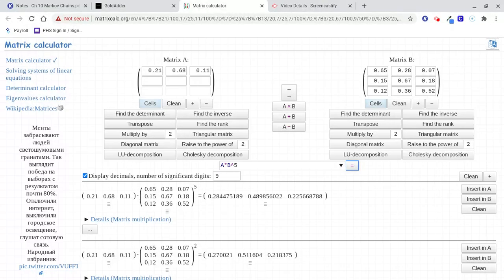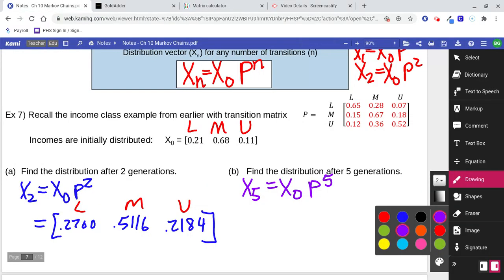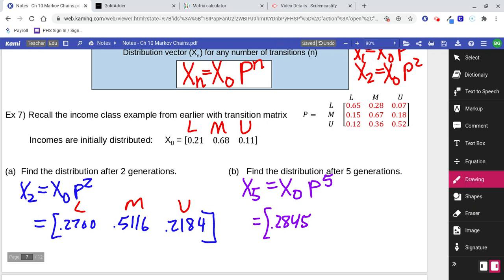Let's just round off to 4, though. So that's going to be 0.2845, 0.4899, 0.2257.